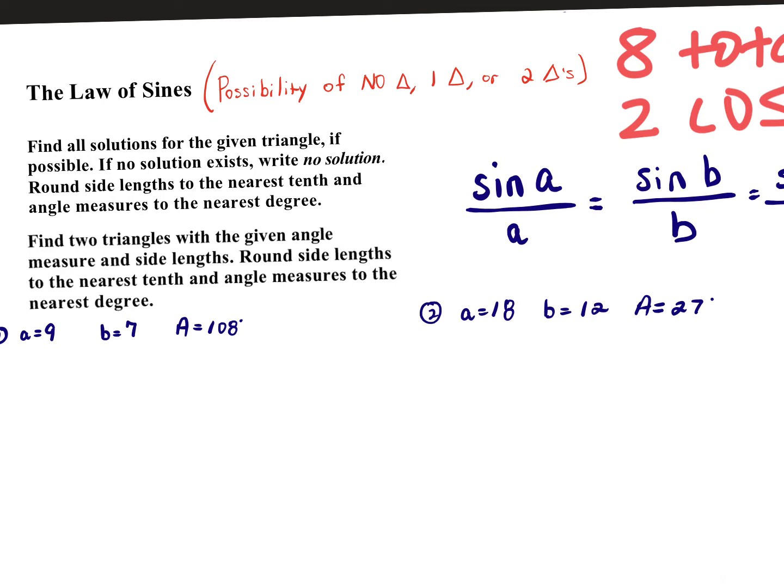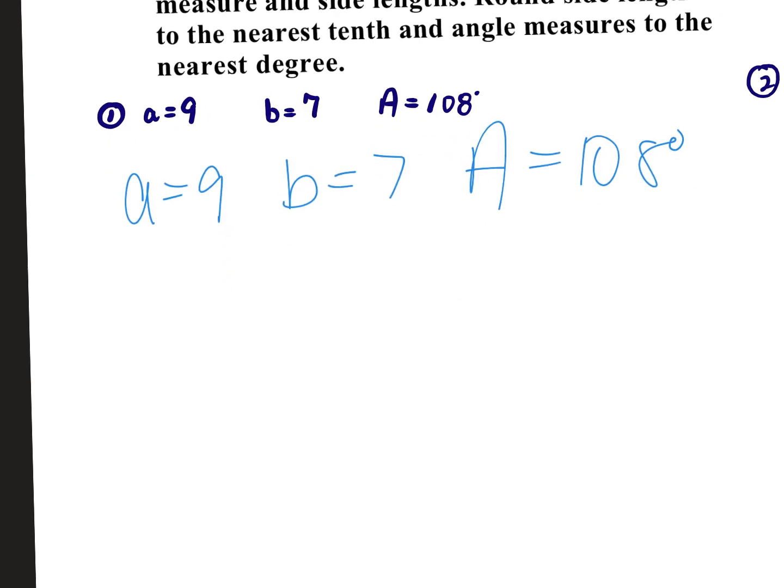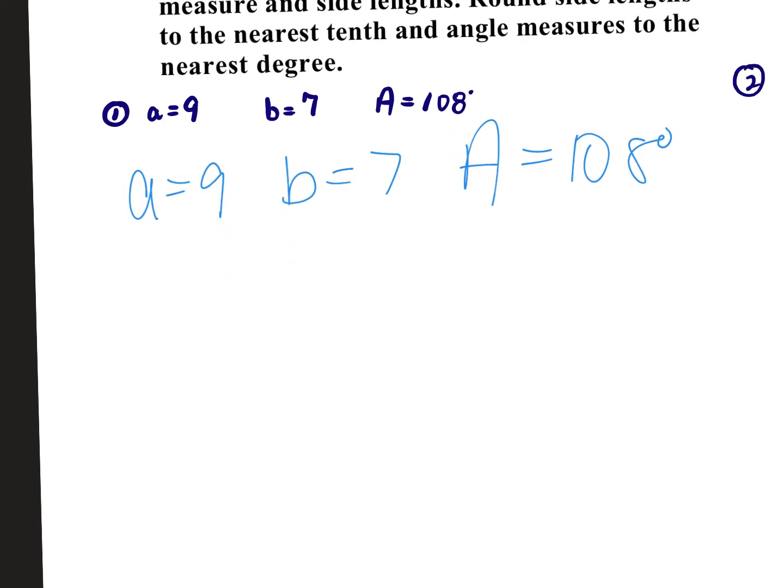If I look here at number 1, I'm going to rewrite the problem because I know it's blurry. But if we look at number 1 here, a is 9, b is 7, and angle A is 108 degrees. Okay, so your problem is going to say, using the law of sines, determine if there is 1 triangle, 2 triangles, or no triangles, and solve.